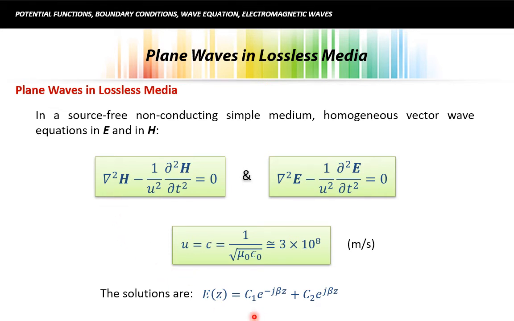The solutions of these wave equations are of the general form c1 times e to the minus j beta z and c2 times e to the j beta z.